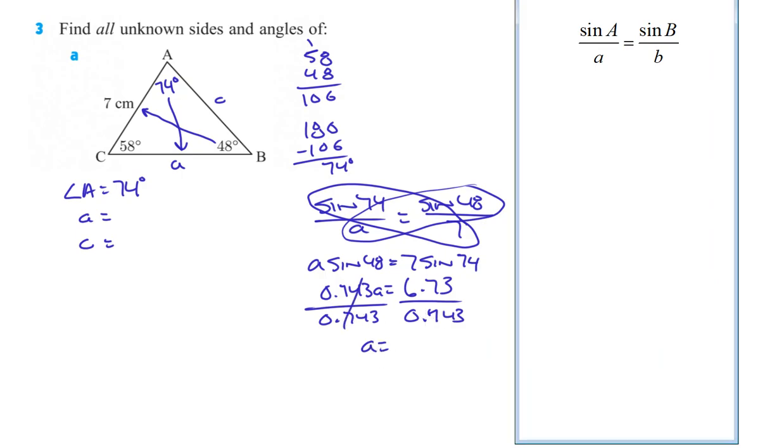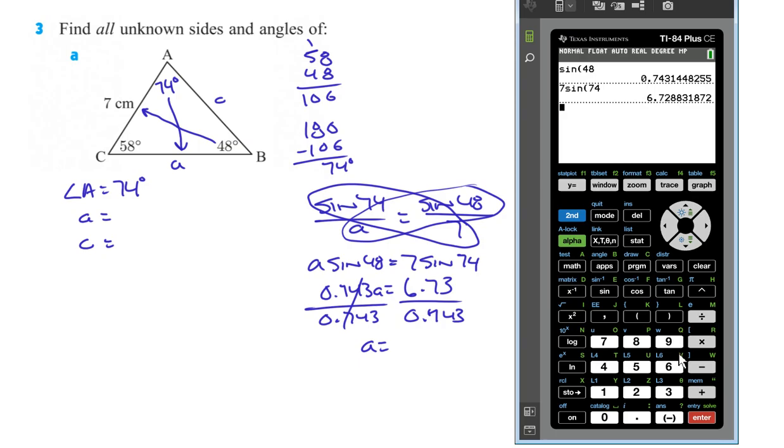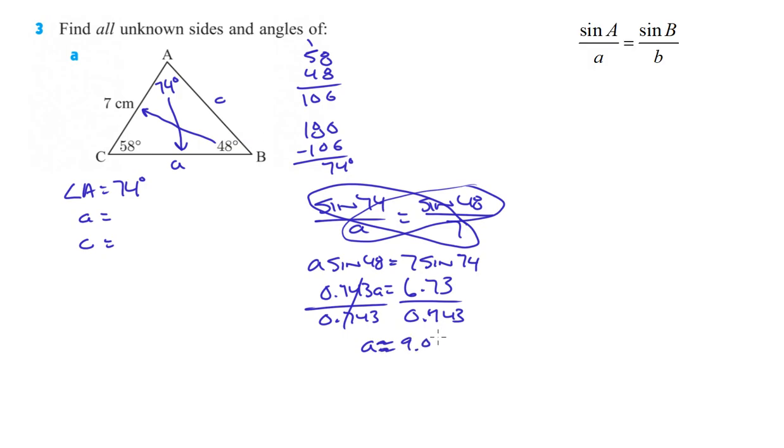And we get A equals 6.73 divided by 0.743114. I'm just going to put several decimals in there so we get a little bit more accurate answer. So we get A is about 9.05. And this is going to be centimeters. So 9.05 centimeters.